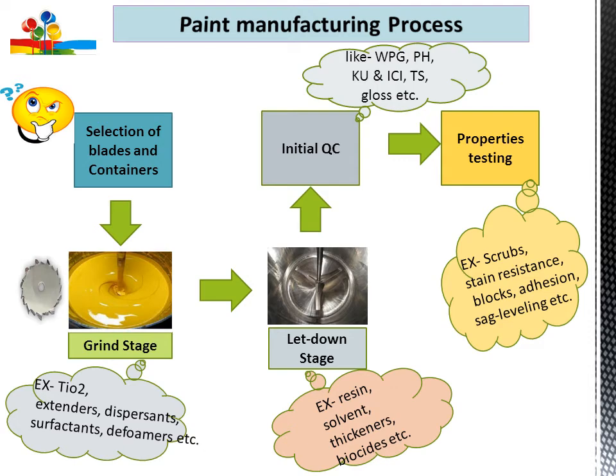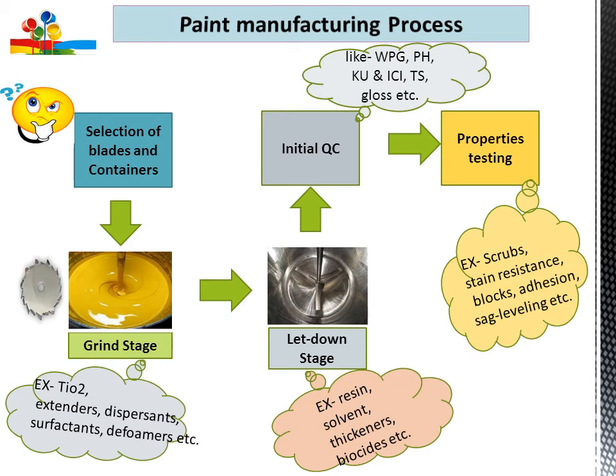So in properties testing, we check some different properties. Scrub means the ability of paint to resist brushing or scrubbing on the paint film. Then we check stain resistance. Stain resistance is the property of paint to repel stains, or it should make it easy to remove the stains from the substrate.